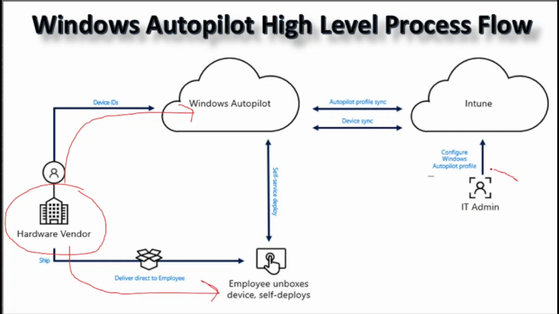The second key player is the IT administrator or the Intune administrator, who configures the Autopilot deployment profile in the Intune console. And the third one is the employee or the end user, who performs the Autopilot.